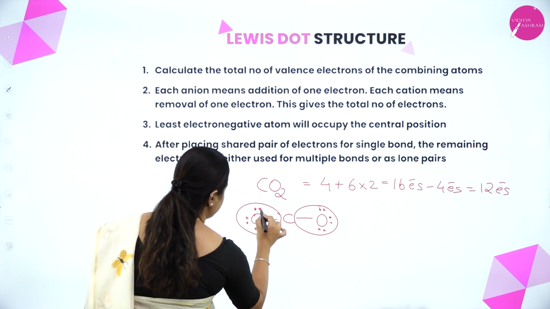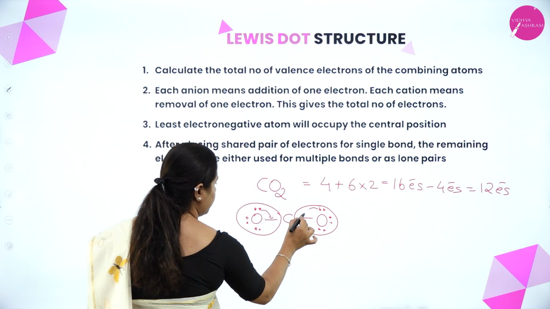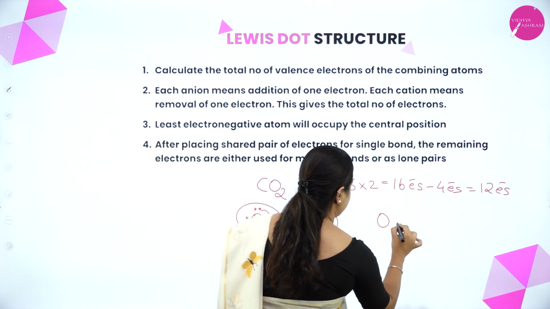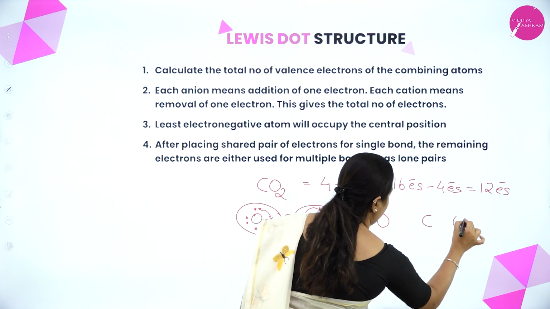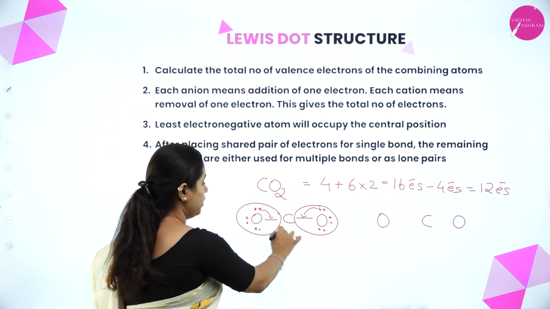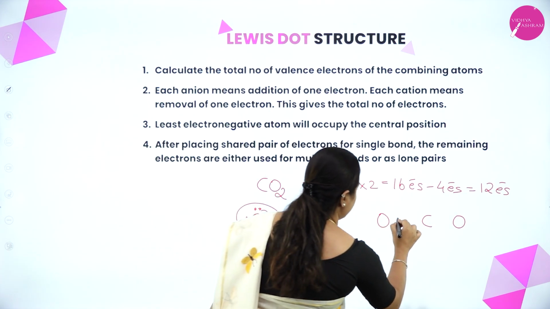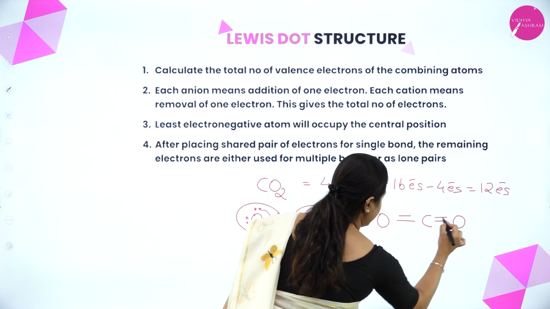I can transfer this lone pair over here and this lone pair over here. So what does it finally become? It becomes O, C, O, and these 2 electrons being represented here means that becomes another single bond, so this becomes a double bond here and a double bond here.